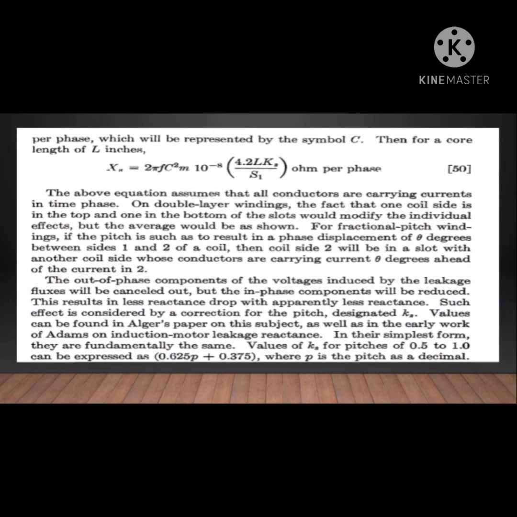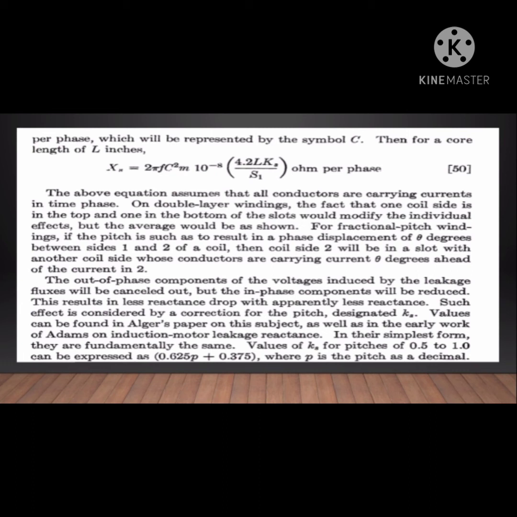Such effect is considered by a correction for the pitch, designated Ks. The value can be found in Alger's paper on this subject as well as in the early work of Adams on induction motor leakage. In their simplest form, they are fundamentally the same.